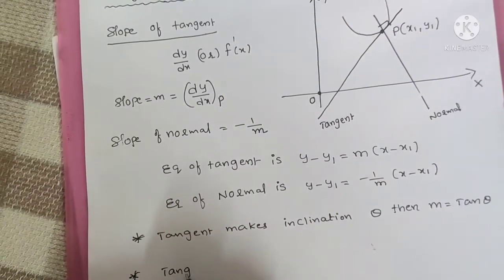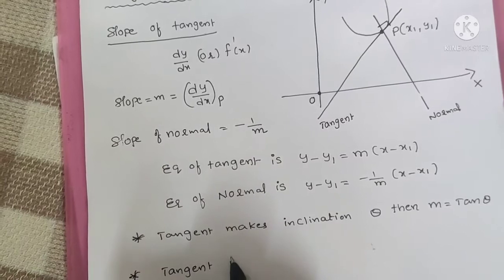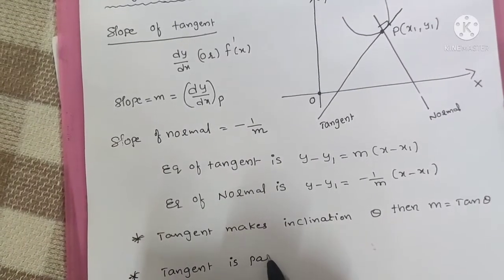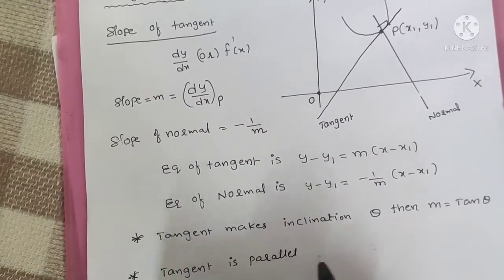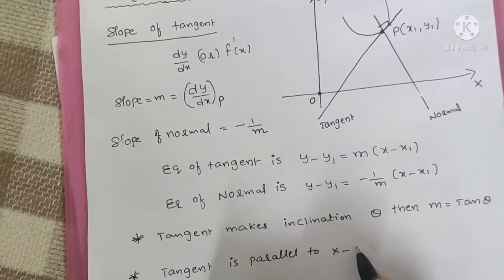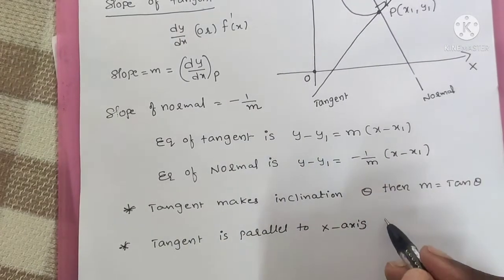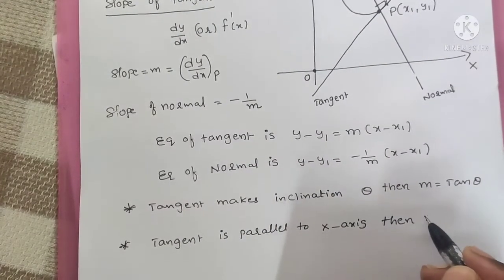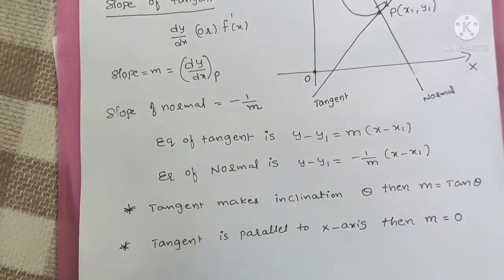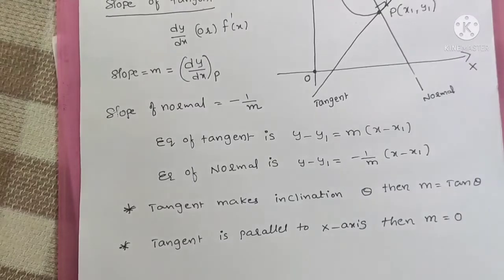Next, if the tangent is parallel to x-axis, then slope is equal to 0. Why? Because if two lines are parallel, then slopes are equal. The slope of x-axis is 0. Therefore, we can write m is equal to 0.